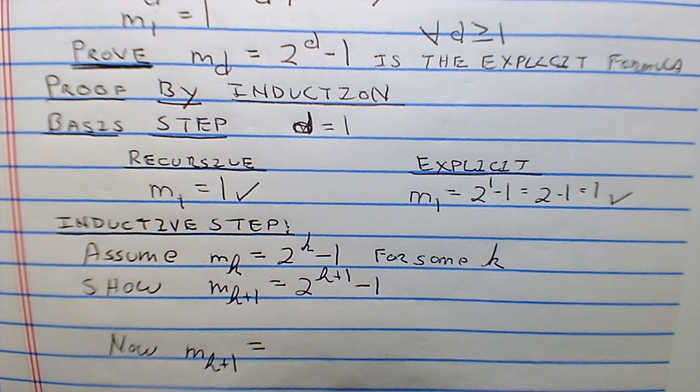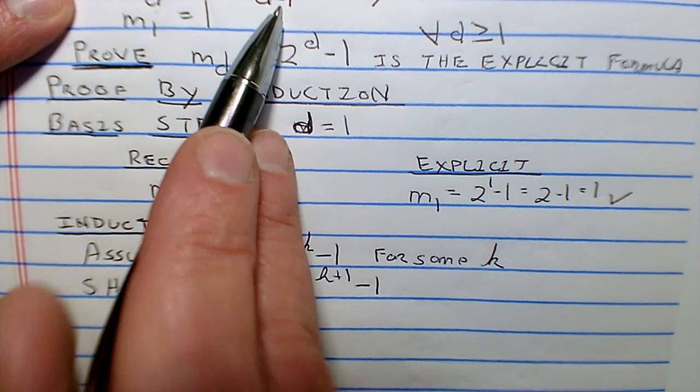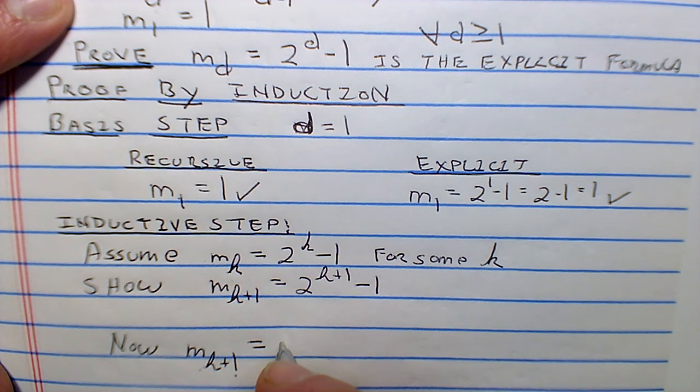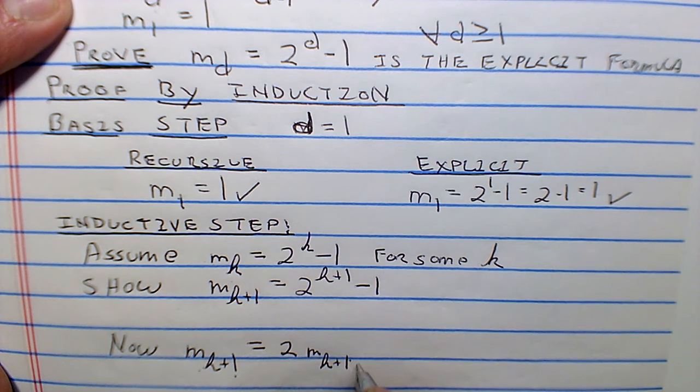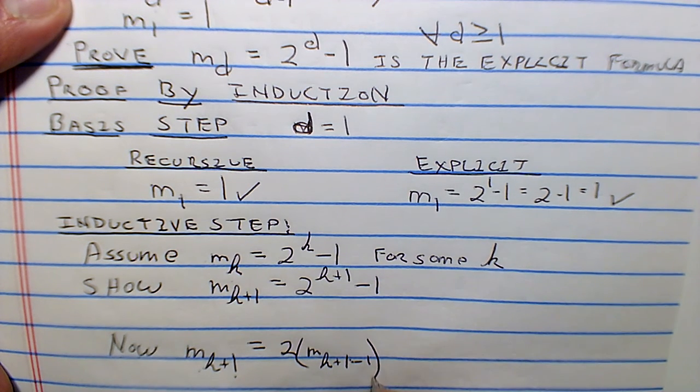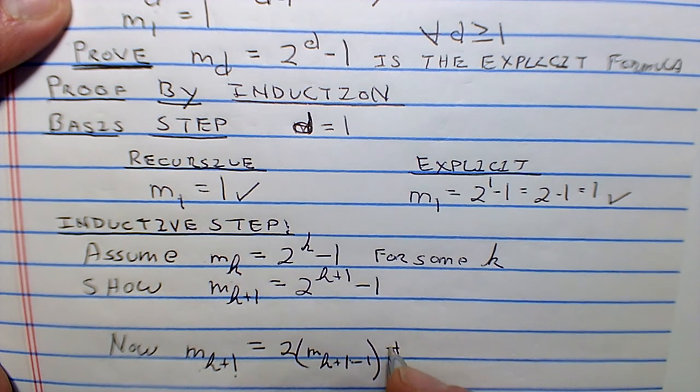We're going to do this with an interesting way of doing substitution. It's the way we do substitution on all the recursion problems, including, as a hint, number 6 in the homework with the proofs 2 set. Now, m sub k plus 1, if we use the recursive formula, is going to be 2 times m sub k plus 1 minus 1, plus 1.